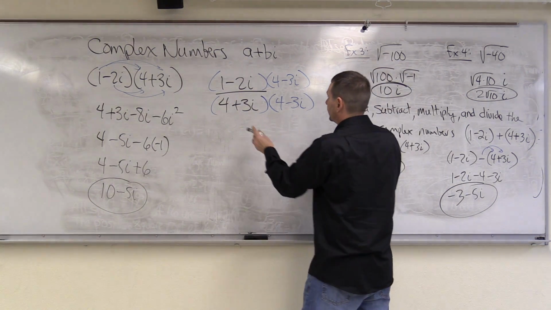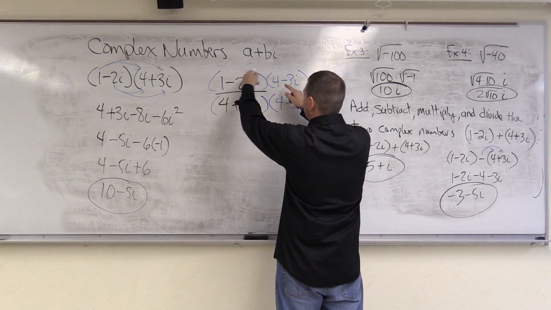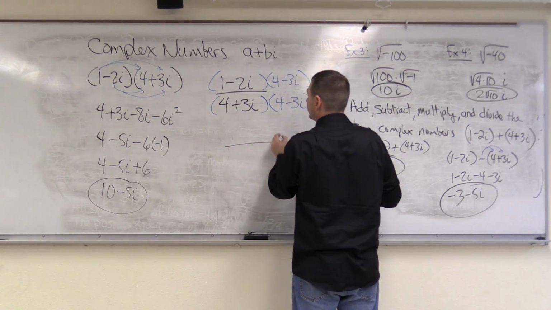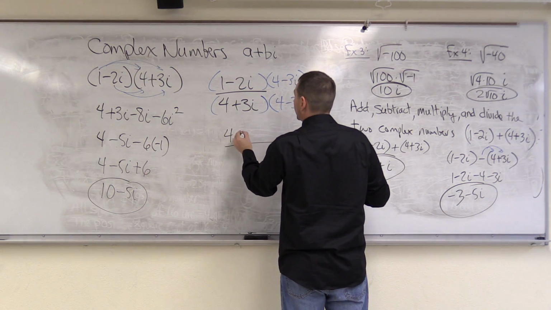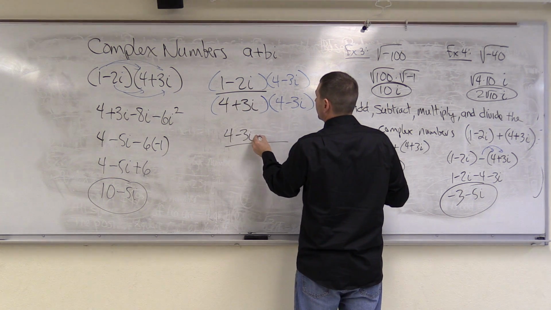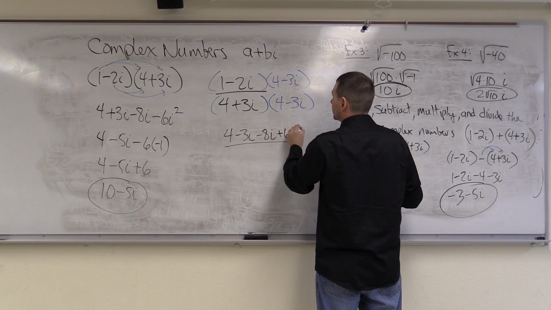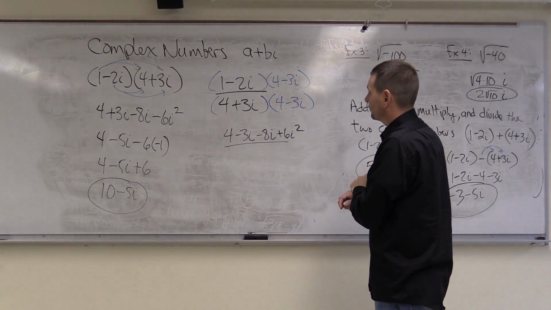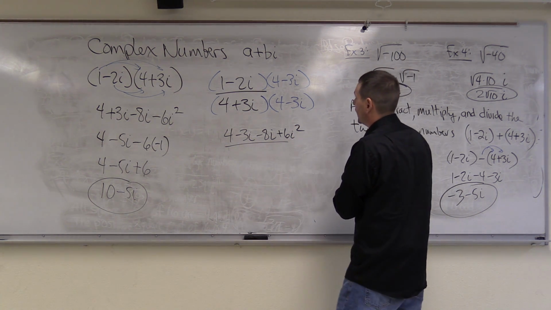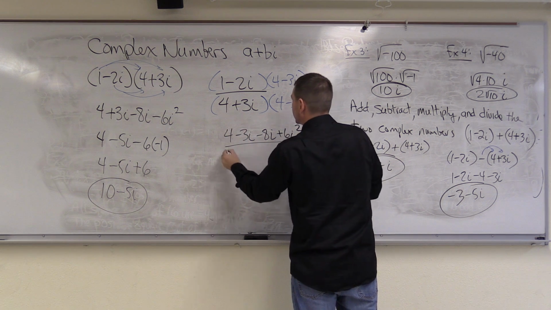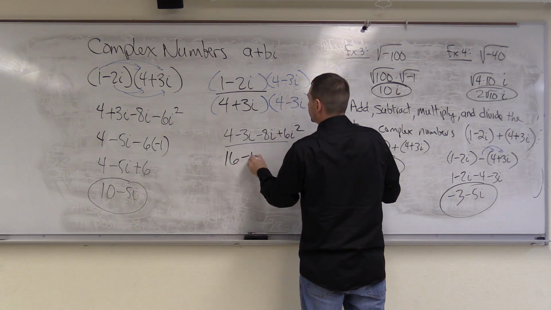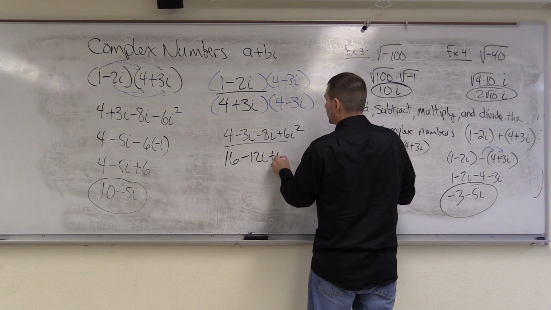And now I'm going to combine these, doing distributive property all the way through. On the top I should get 4 minus 3i, and then minus 8i, and then plus 6i squared. And then on the bottom, when I multiply these, I'm going to get 16 minus 12i plus 12i.